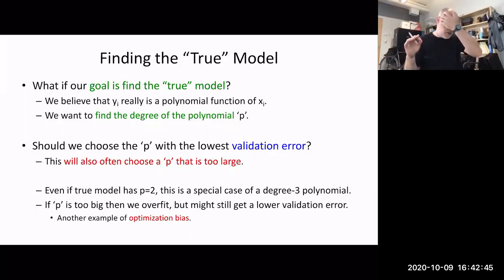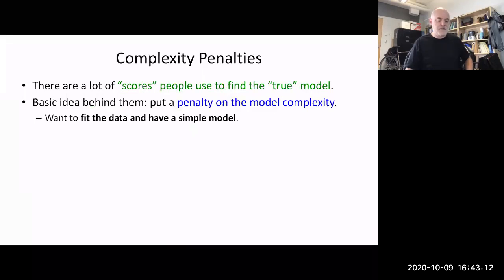We know that we overfit when p is too big, but we might also just get lucky and get a lower validation error. This is another example of what we talked about in terms of optimization bias. It's not bad to choose by validation error, but you do need to be careful that these models are nested amongst themselves, right?